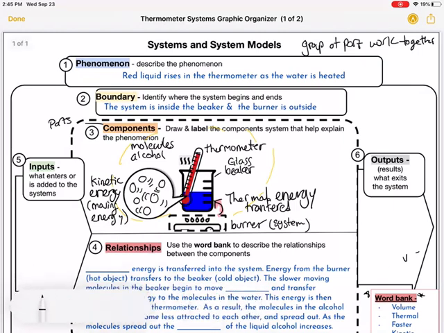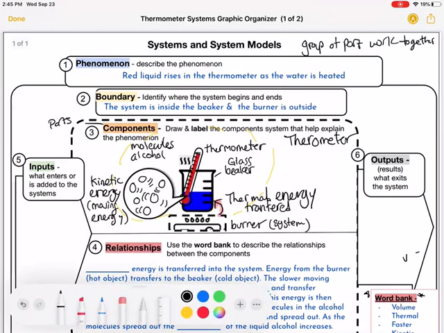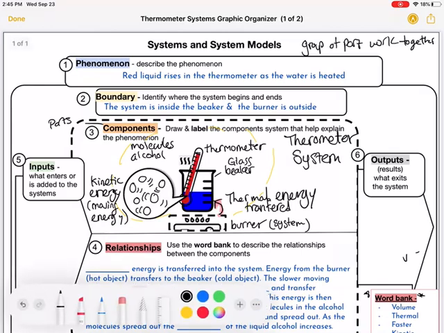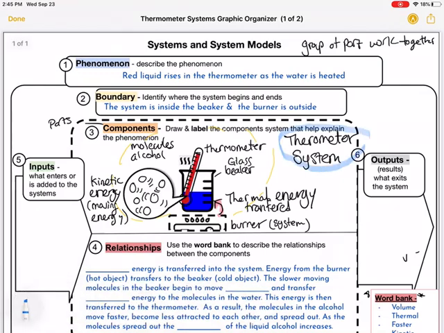And then this, let's just call it the beaker system or the thermometer system. Try that again. Sorry guys, it's kind of late here. Thermometer system. So this whole thing here is my thermometer system.